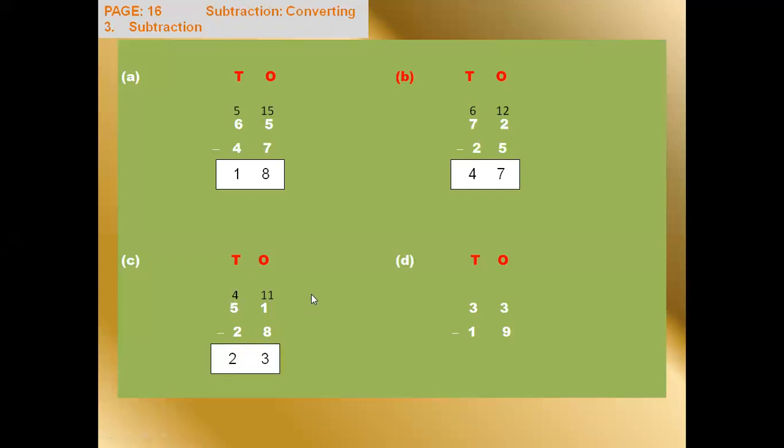Then 11 minus 8: 4, 5, 6, 7, 8, 9, 10, 11. Then cut 8 lines. So 3 will be left, 3 lines left, and you write 3 here. 4 minus 2: draw 4 lines, 1, 2, 3, 4. Then cut 2 lines, and then 2 are left, and you write 2 here. The answer is 23. 51 minus 28, the answer will be 23. Okay.